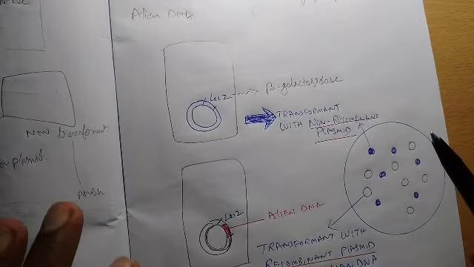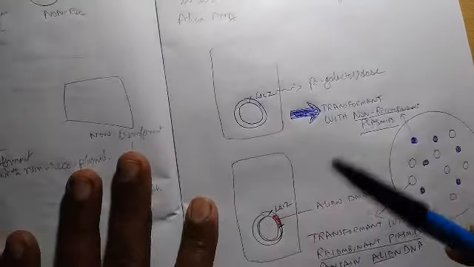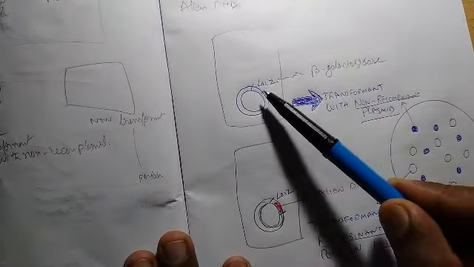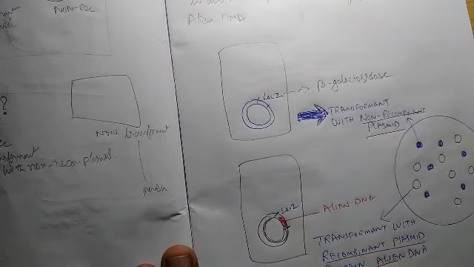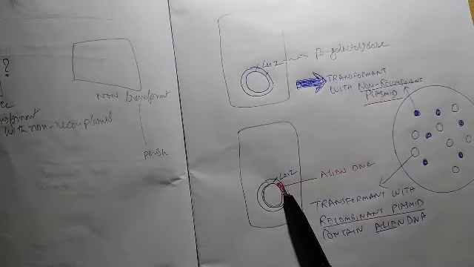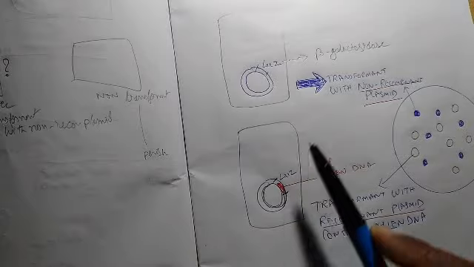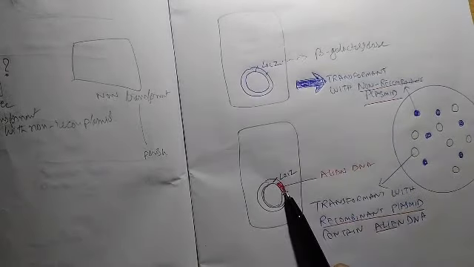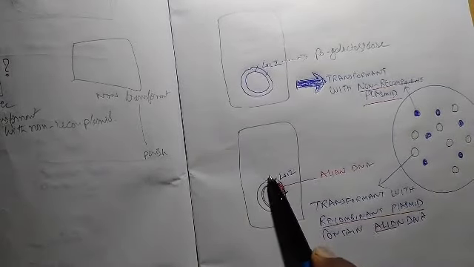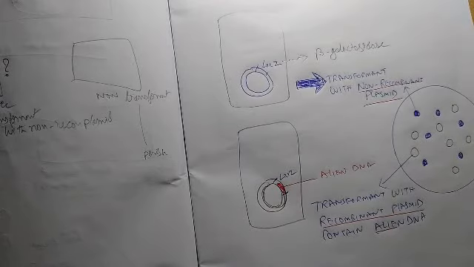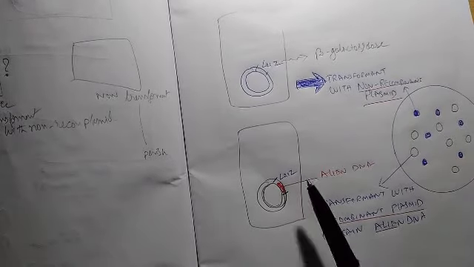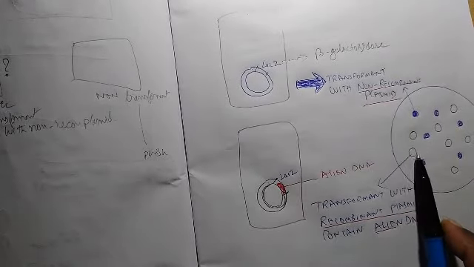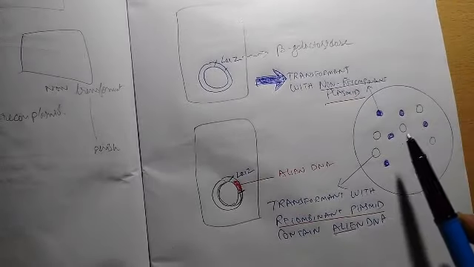Why? Because we have the insertion site in the middle of the LAC gene. The introduction of the alien DNA in between this LAC gene will result in insertional inactivation of this LAC gene. So beta-galactosidase won't be produced here, so the colony will be white.